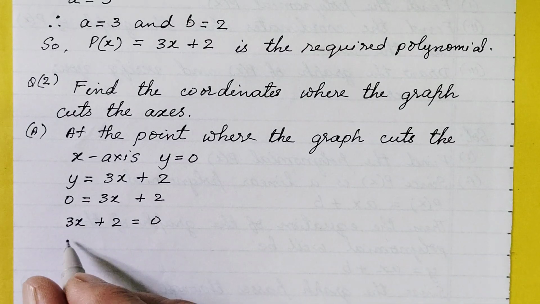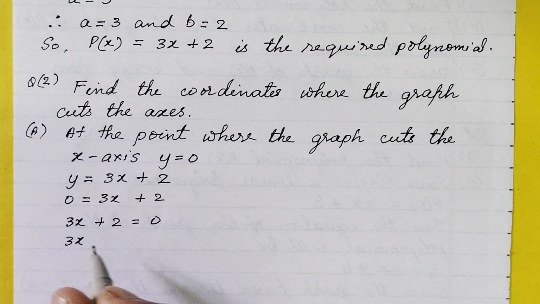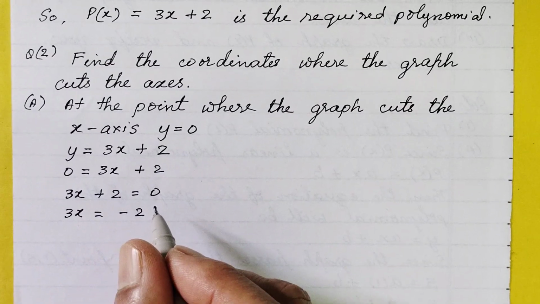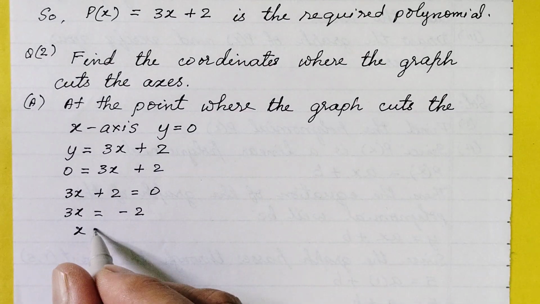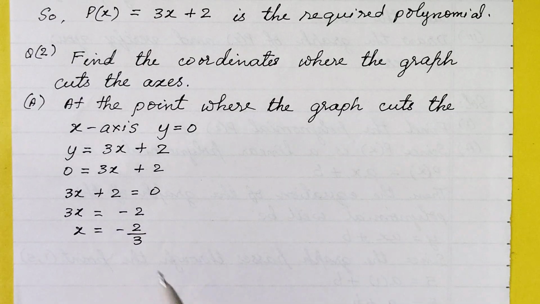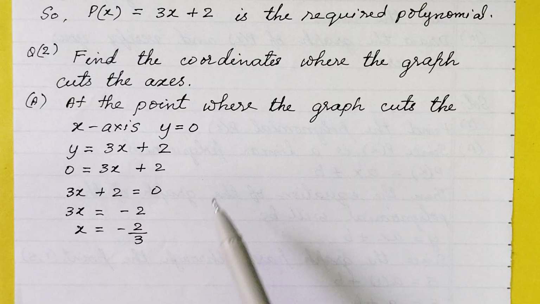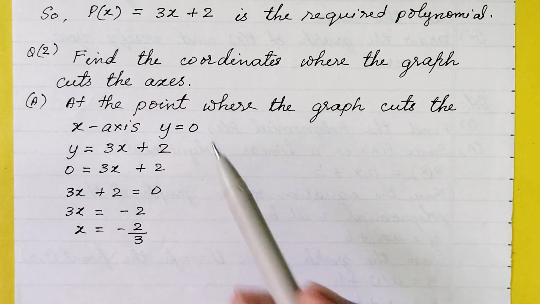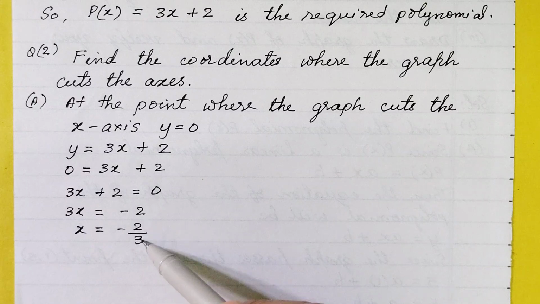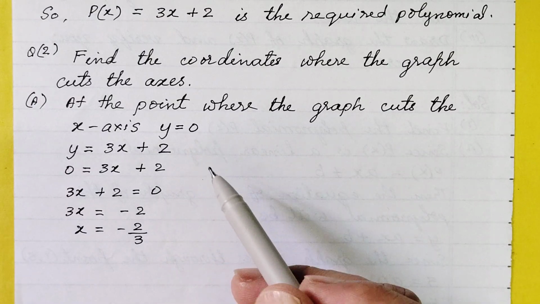Transpose to the side, so 3x will be equal to minus 2 and x will be equal to minus 2 by 3. So we got the x coordinate. That means the graph cuts the x-axis at the point x equal to minus 2 by 3, y is equal to 0.